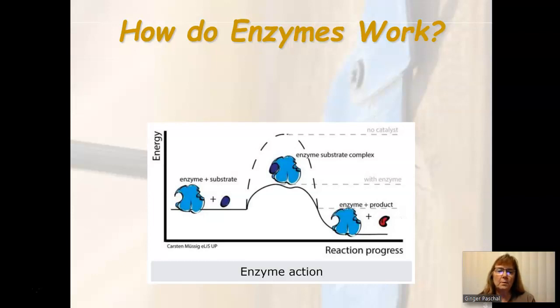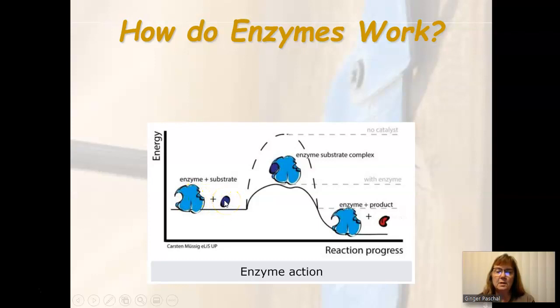So enzymes work, like we said, by reducing the activation energy. You can see on this graph on the y-axis, we've got a measure of energy, and on the x-axis, we have the progress of the reaction. Before we ever have this reaction occur, we have an enzyme present and a substrate present. The substrate is the thing that's going to have the work done to it, and the enzyme is going to help to do that work.